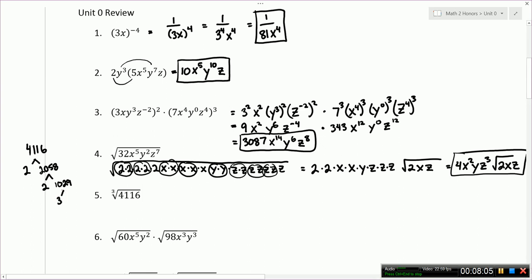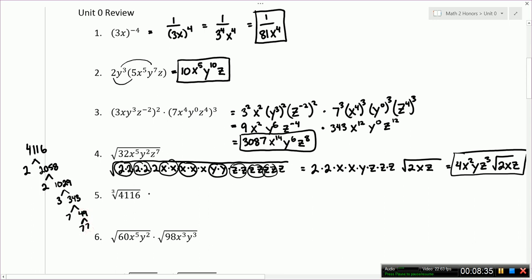So if you divide by 3, you end up with 343. If you try dividing by 3 again, it doesn't work. 4 is not going to work. 5 is not going to work. 6 isn't going to work. When you try 7, it does. This is 7 times 49. And 49 is 7 times 7.